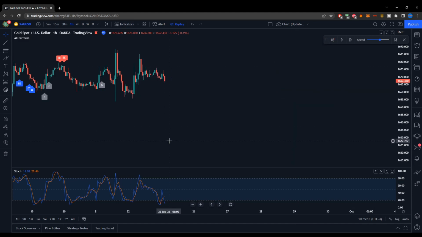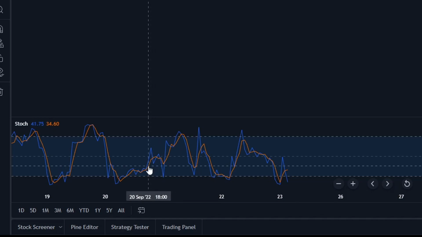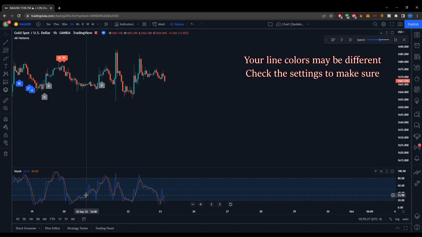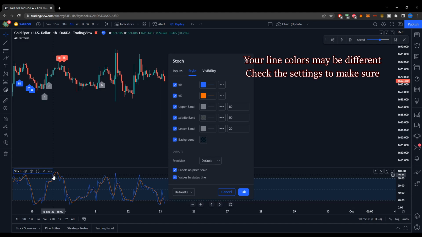You've probably seen the stochastic indicator before, as it is very widely used by traders. The lines you see here are the D line, which is in orange, and the K line, blue. You might find your line colors different, and you could press the settings button to see which one is your line. Mine is orange for the D line and blue for the K line.